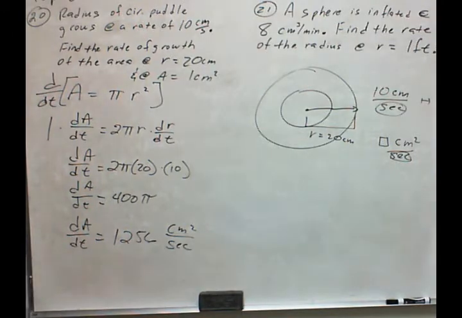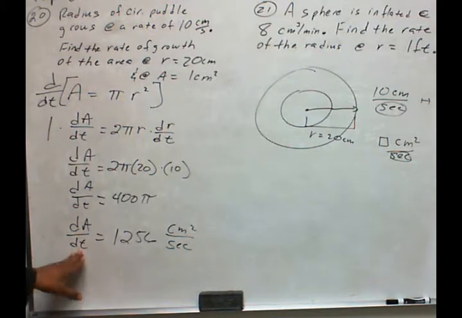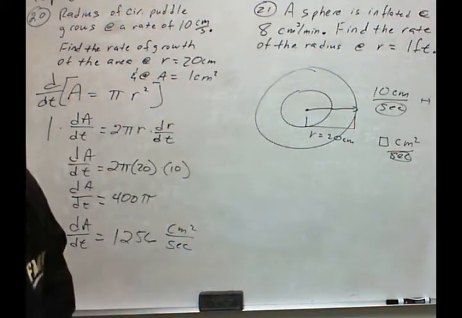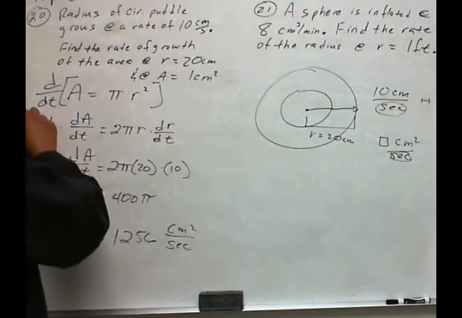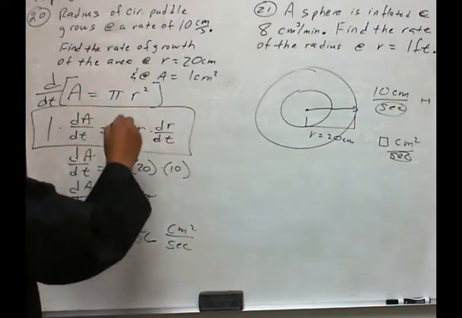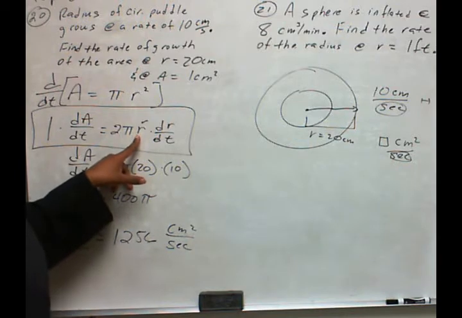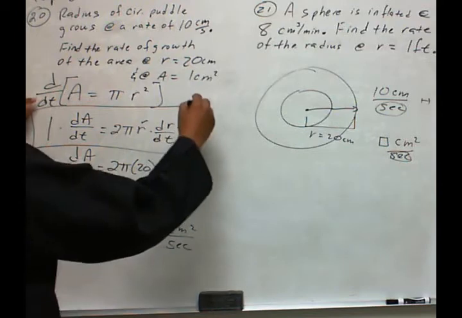Okay, the next question is, what would the rate of the area growth be when the area equals 1? Well, this formula only works when we know the radius. So what would the radius be when the area is 1? Let's go back and figure that out.